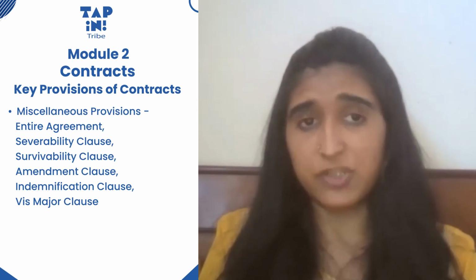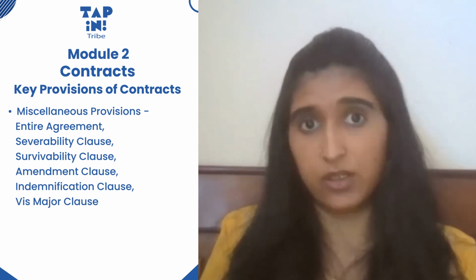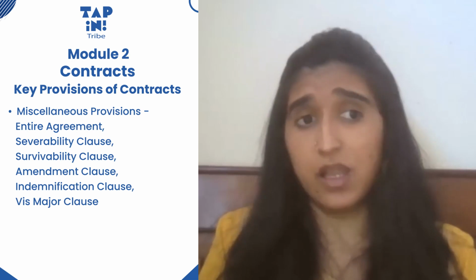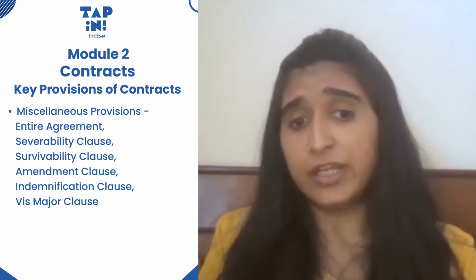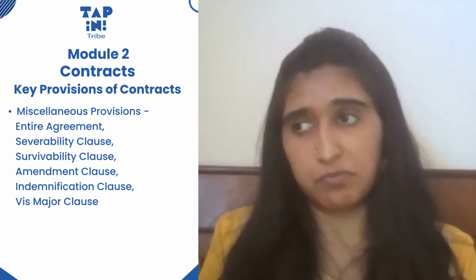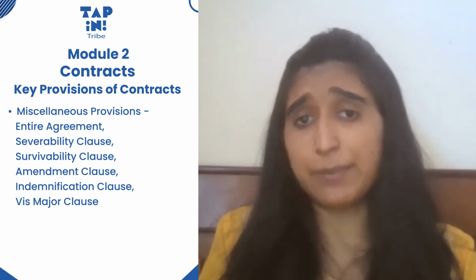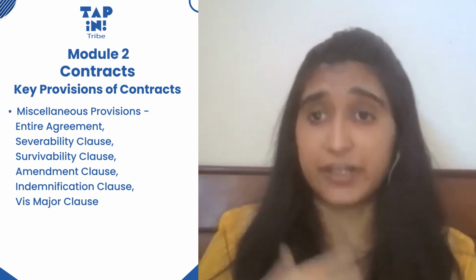And then, of course, there's a vis major clause. Now, a vis major clause is important because very often there are things that are not within our control. Pandemics, natural disasters, accidents. Due to any of these things, which are called acts of God or vis major, the performance of your contract can be affected.